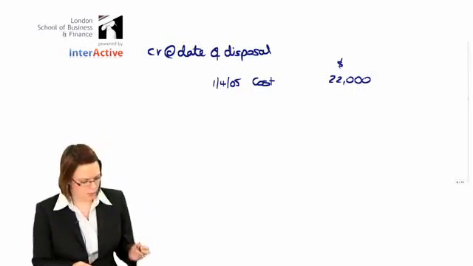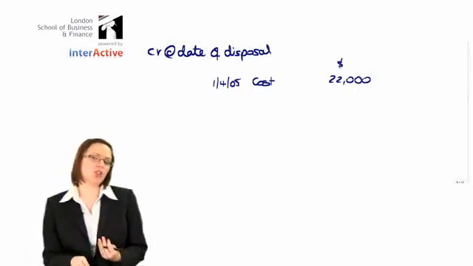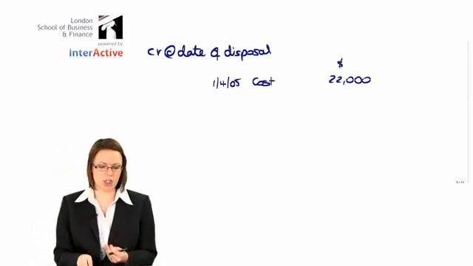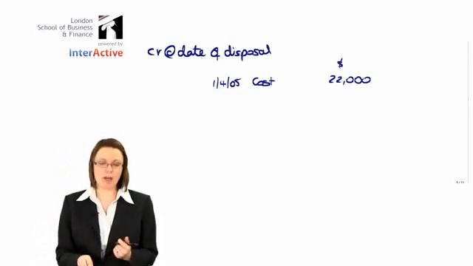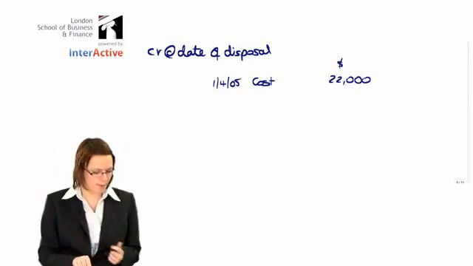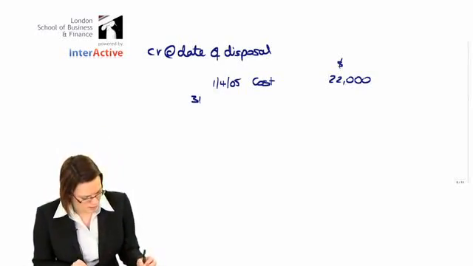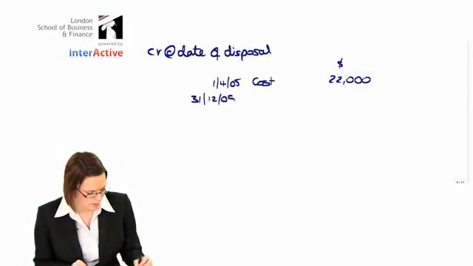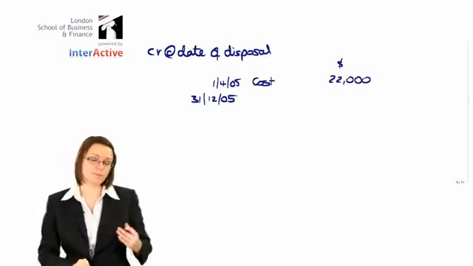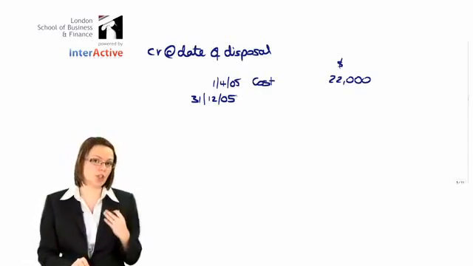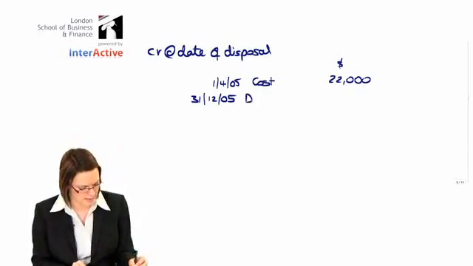So if we look then, we're doing proportionate depreciation in the year of acquisition and disposal. And we know our year ends the 31st of December. So 31st of December 2005 will be our year end. And we depreciate as an adjustment on that year-end date.